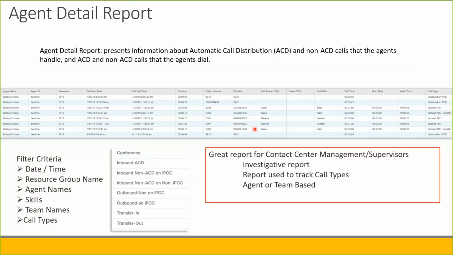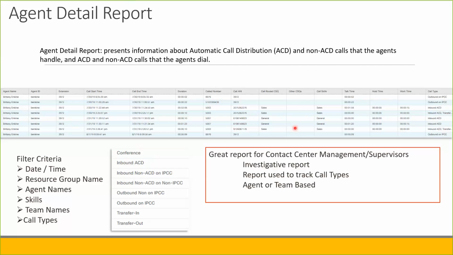Maybe it's a priority caller. Maybe it's an emergency. Maybe it's just that you have a great backup system and you have to leverage different people in different groups, and the first person to be available takes that call. Whatever the case may be or why you have it set up that way, this report here at the agent level will give you an understanding of this call and the other CSQs that it was queued for.